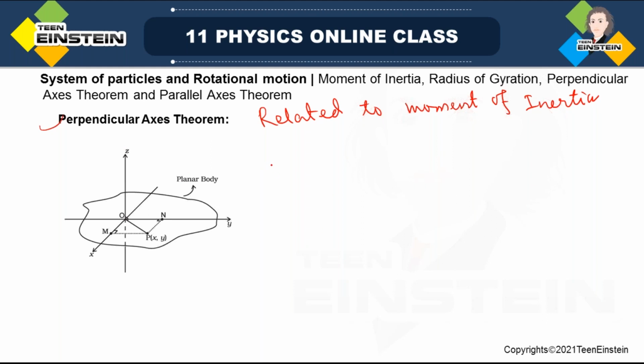According to the perpendicular axis theorem, suppose you have a planar object, which is called a plane lamina.